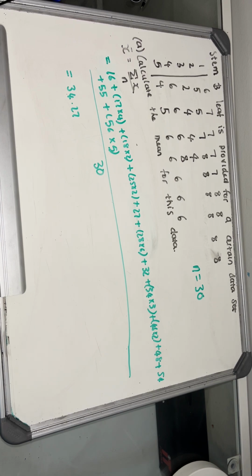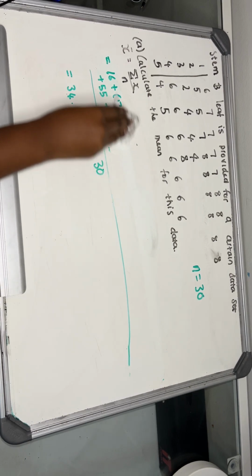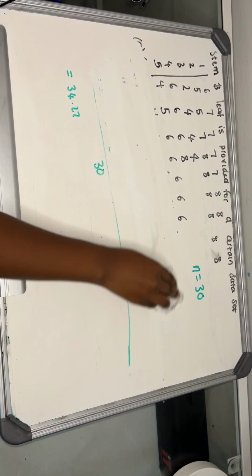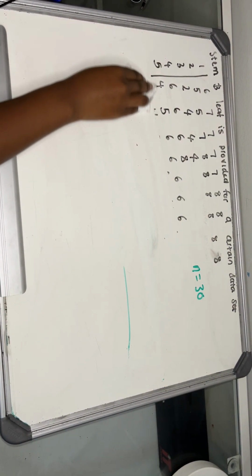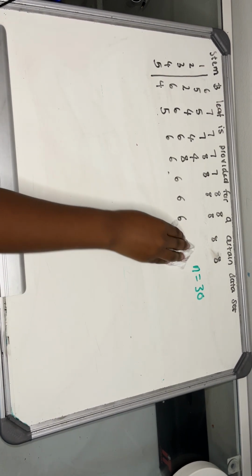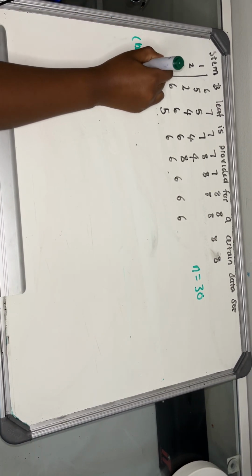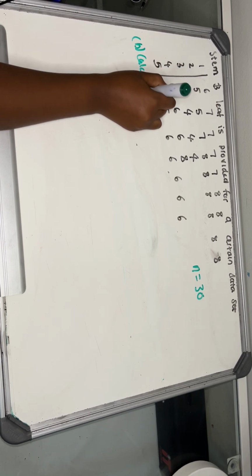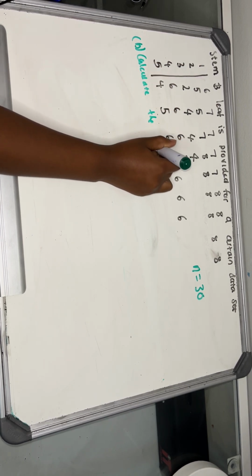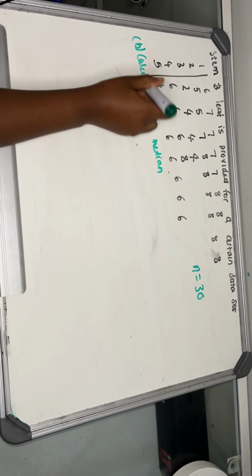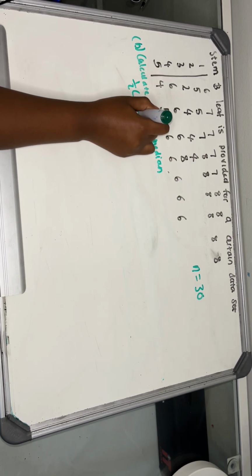And now they ask us to calculate the median. So I'm going to quickly look for space. Now they ask us to calculate the median, right? So remember, for the median, we calculate the position of the median first.